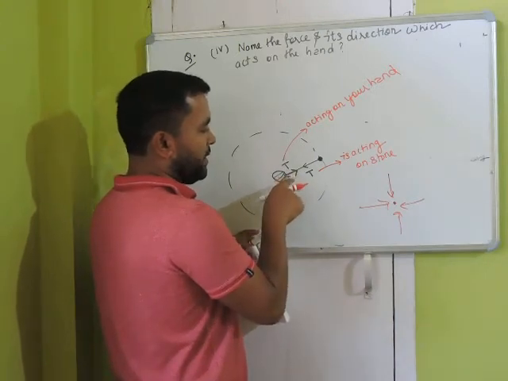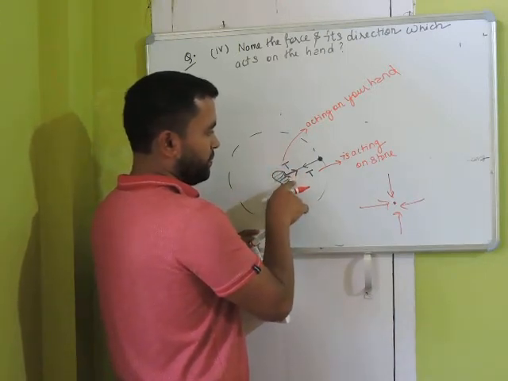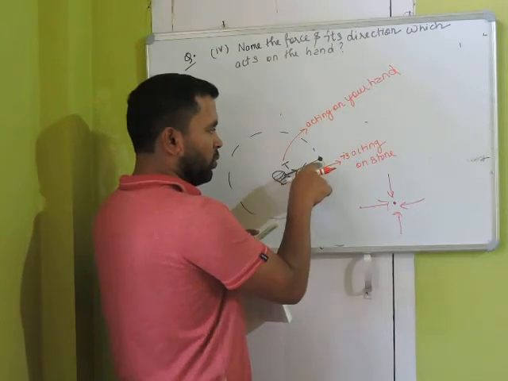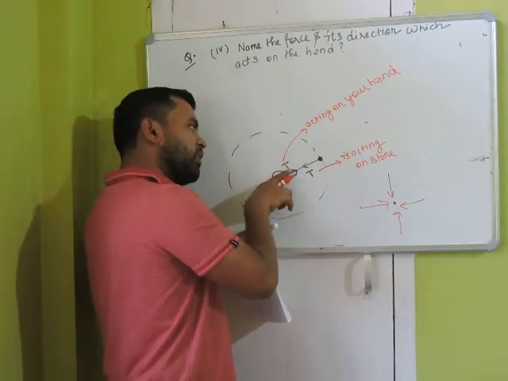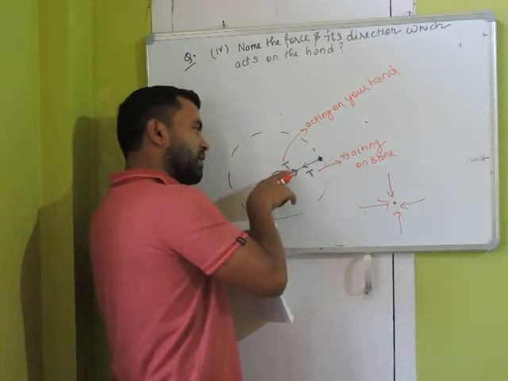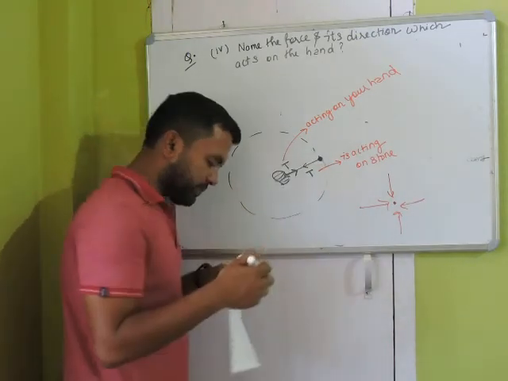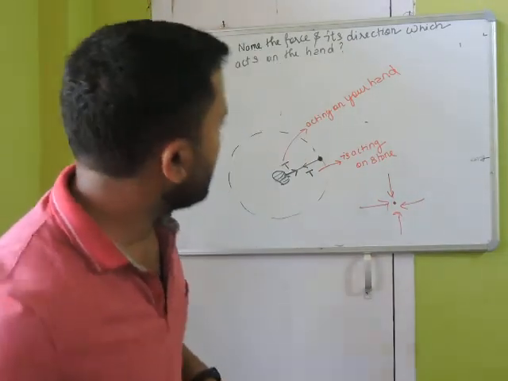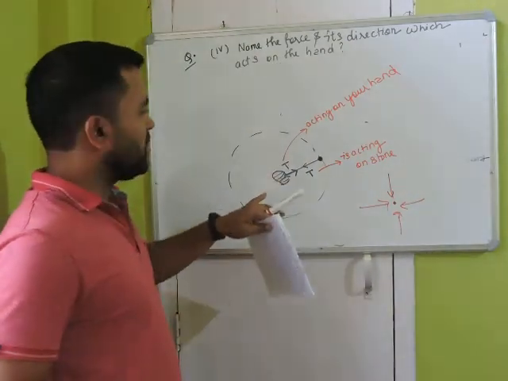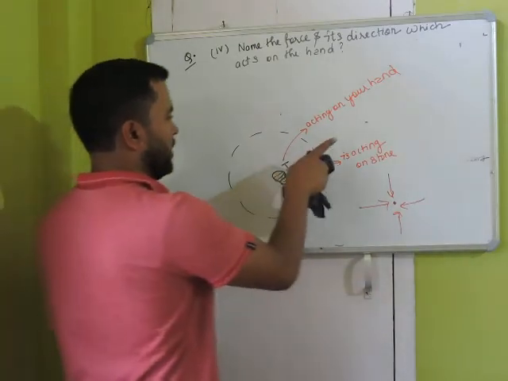So if your hand is pulling the stone with tension T, the stone is pulling your hand with tension T. Again, this is conceptual, just try to understand it.